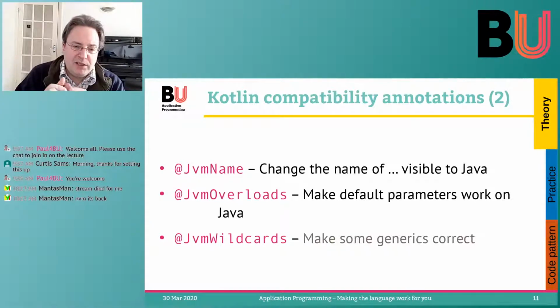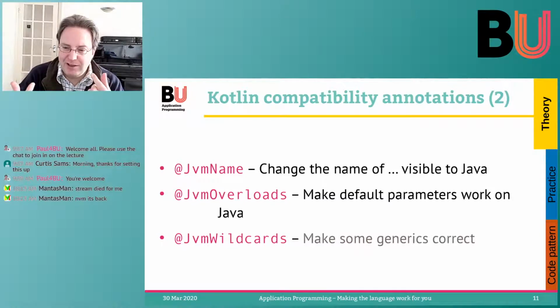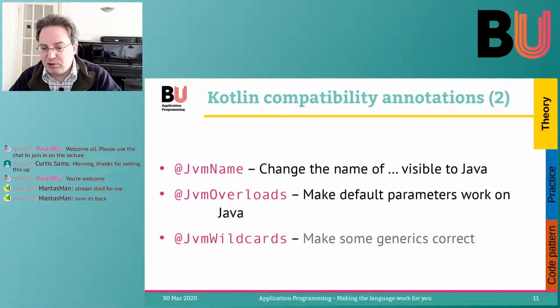The other one is that the Kotlin language actually uses generic types at a deeper level than Java does. So you can have two functions that Kotlin can distinguish, one that takes a list of strings and the other that takes a list of integers. To Kotlin they are different functions, but to the JVM they are the same. So what you can do is use the @JvmName annotation to give them a different name on the JVM.